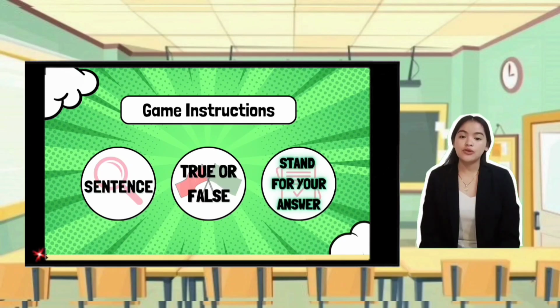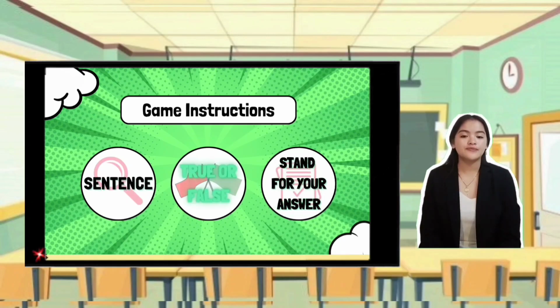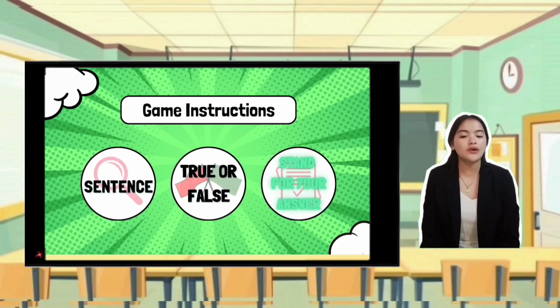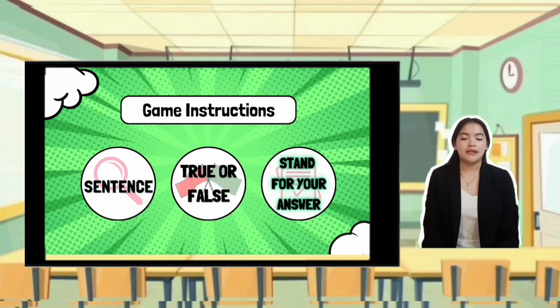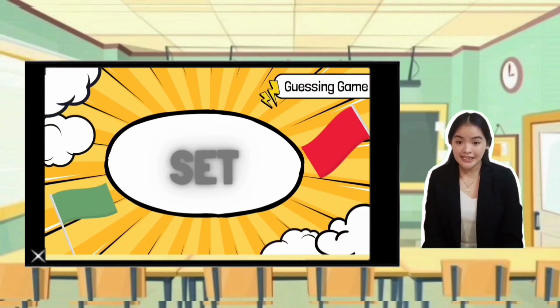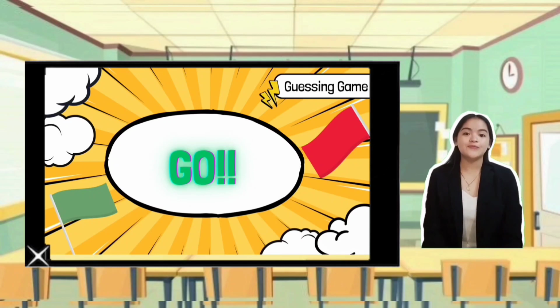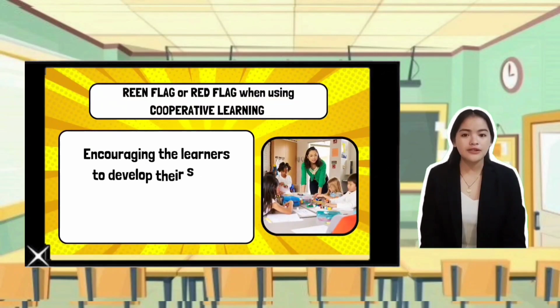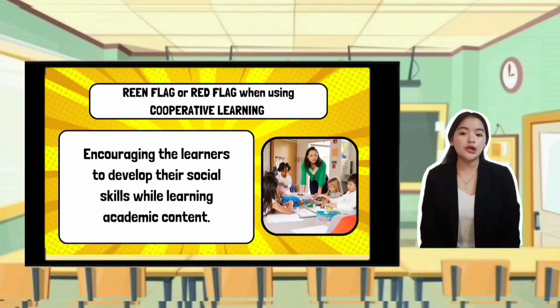Nobody wins or loses anything, so don't be shy to give your opinion. Ready, get set, go. First, encouraging the learners to develop their social skills while learning academic content.